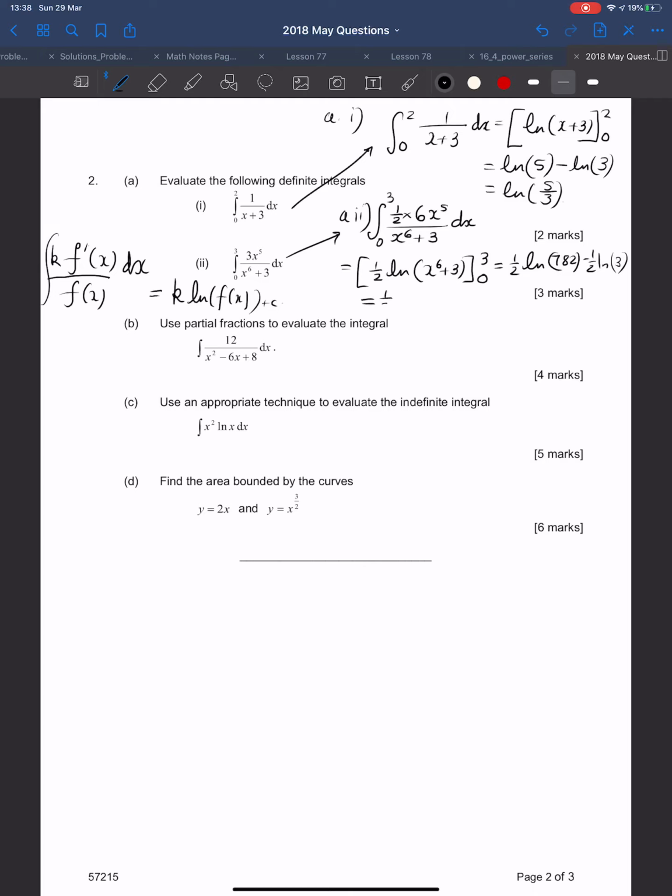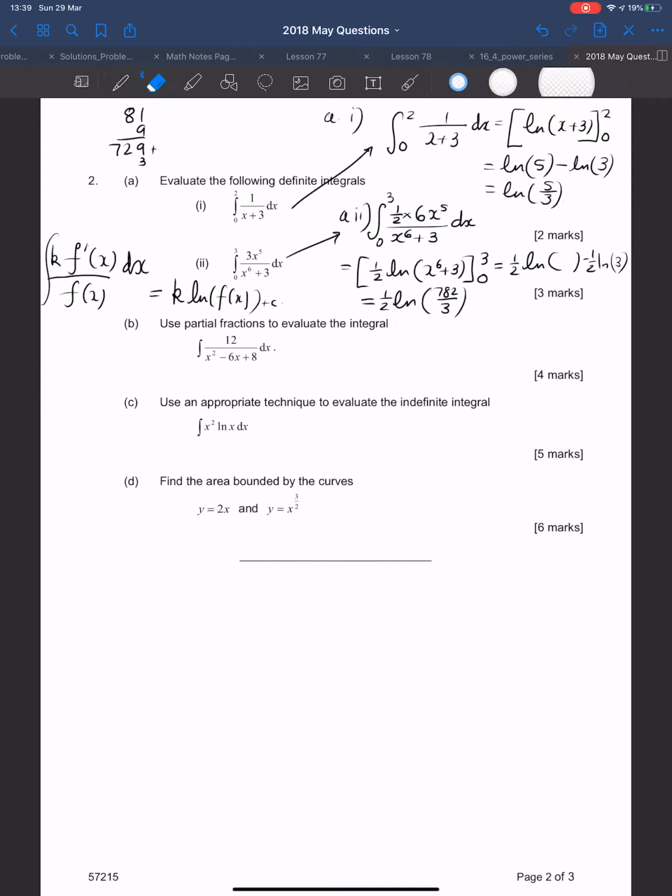Okay, so that's going to be a half ln of 782 over 3. Just let me check something. 9 times 9 is 81, times 9 again, 9 8s are 72, plus 3, 732, not 782.